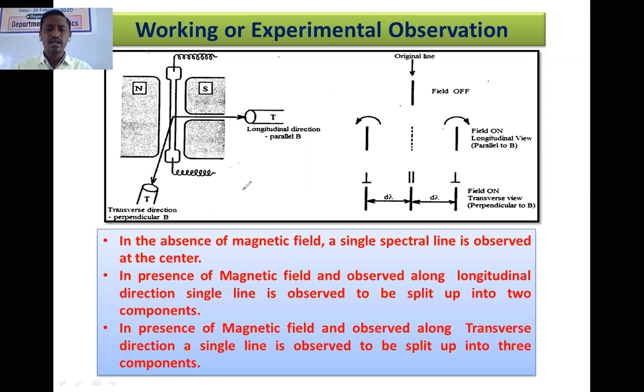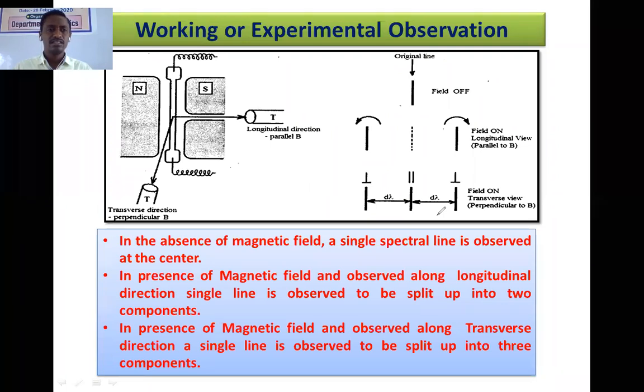The two lines are symmetrically distributed around the central line. Again, a central line is present in this case, at the position of the original line. When the lines are analyzed by passing them through the Nicol prism, it is found that all three lines are plane polarized.